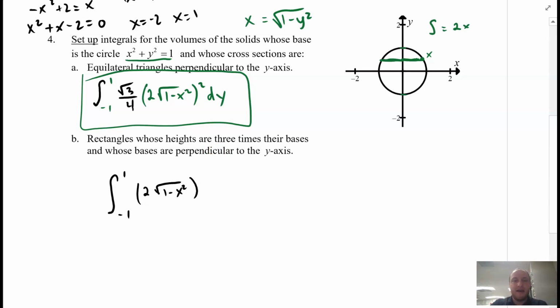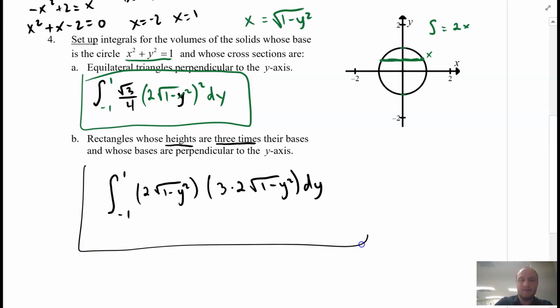But they do tell us that the height is 3 times the base. So if this is the base, then the height is just going to be 3 times that. 3 times 2 times the square root of 1 minus y squared dy. I have to go back and make some edits. I think I've been writing x squared. I'm so used to everything being in terms of x. It's y squared, not x squared.